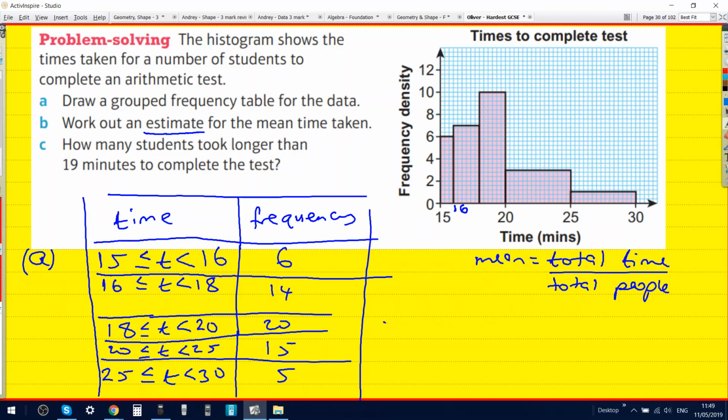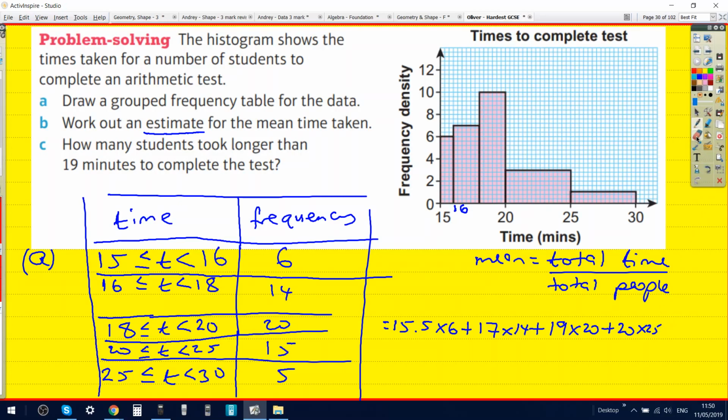Okay, yeah, I understand it. Sorry. Was I not using the midpoint? 17, 19, so it'll be 22.5.